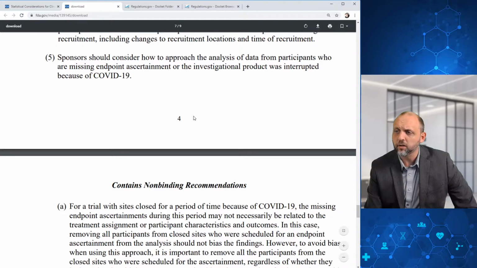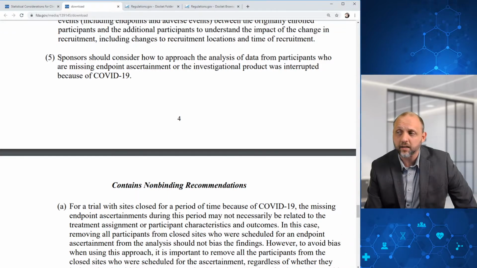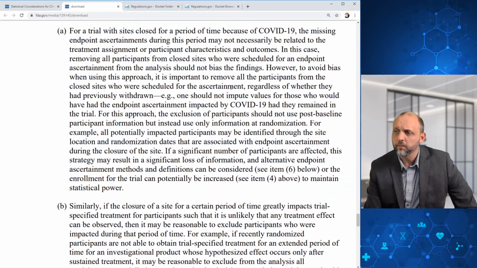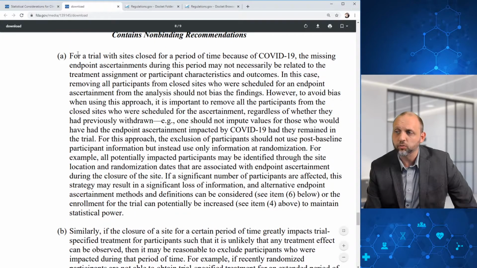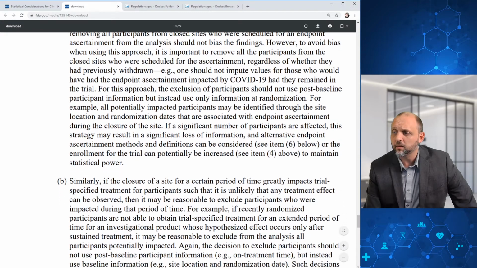And here for the 5th strategy, FDA outlines that sponsors should consider how to approach the analysis of data from participants who are missing endpoint ascertainment or the investigational product was interrupted because of the public health emergency. And here we see some detail about trials with sites that are closed for a period of time.